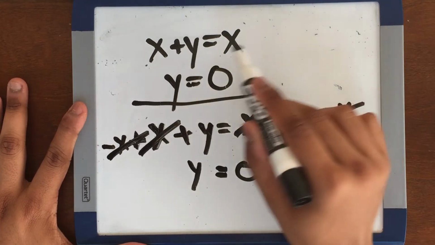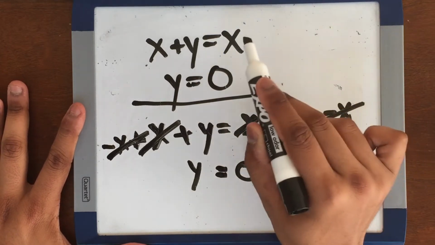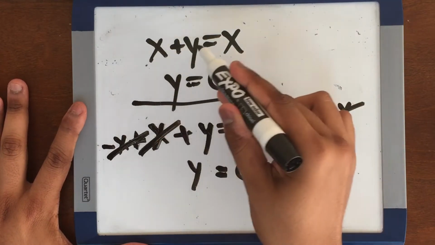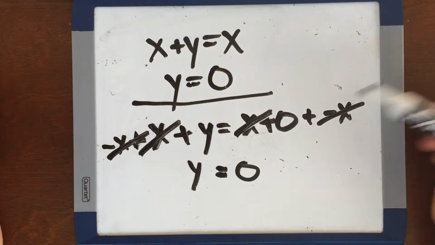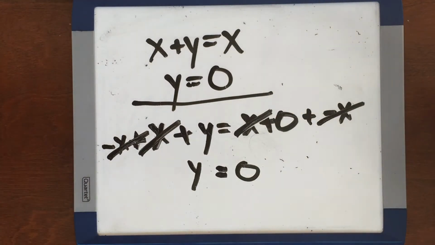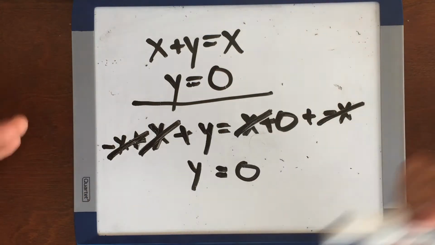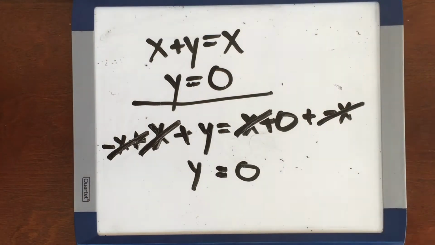Simply subtracting x from x does not give us a construct of 0 unless we physically put a 0 there, which is commonly understood when we actually do our regular addition and subtraction. Okay.